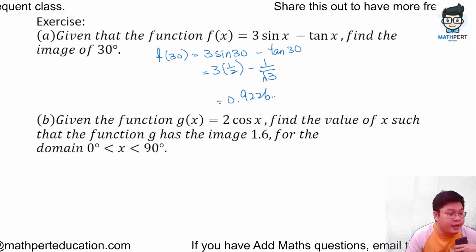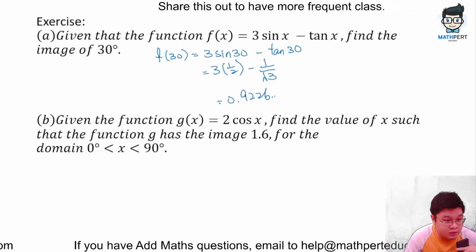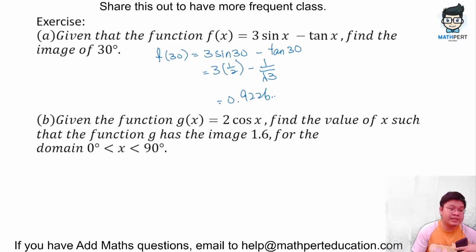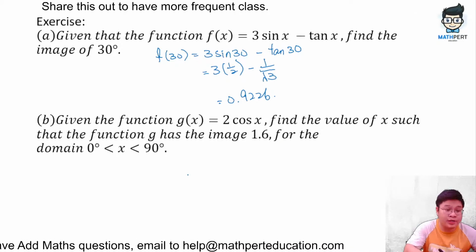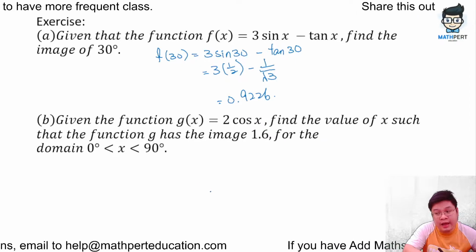And then b, given that the function g(x) equals 2 cos x, find the value of x such that the function has an image of 1.6 for the domain between 0 and 90 degrees.